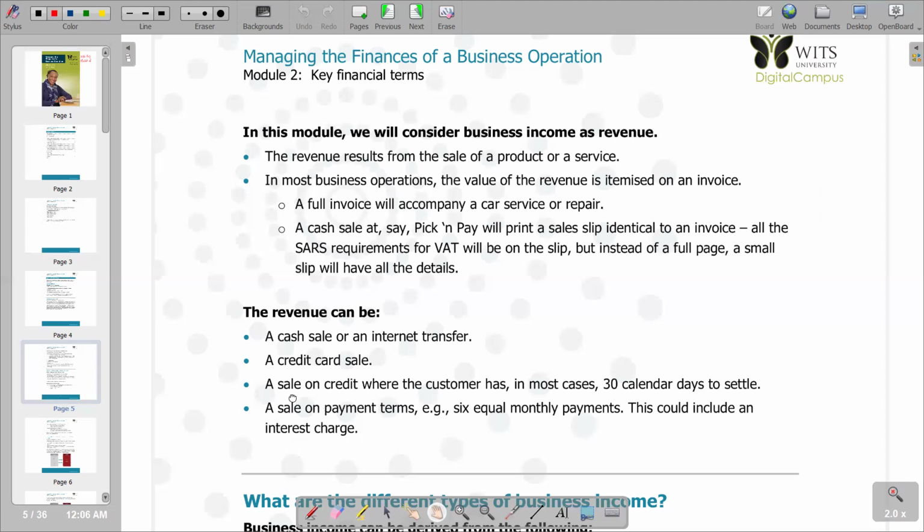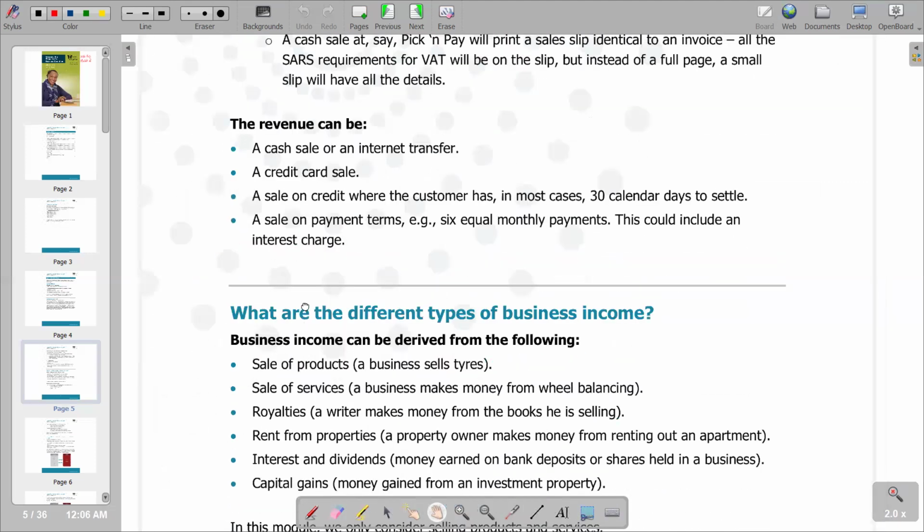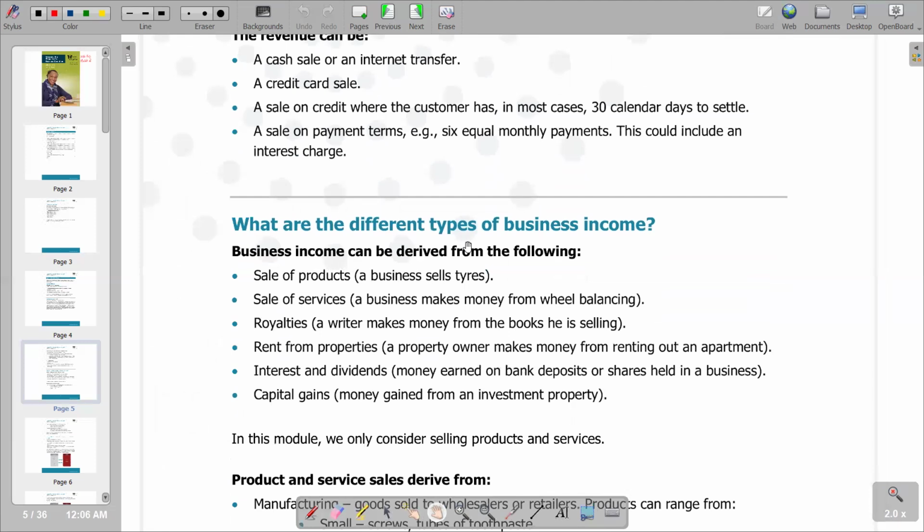As we move forward, we are given the different types of business income. It reads that business income can be derived from the following. We are given a sale of products, in brackets, for example, a business selling tires. So this is a type of revenue that you can have.